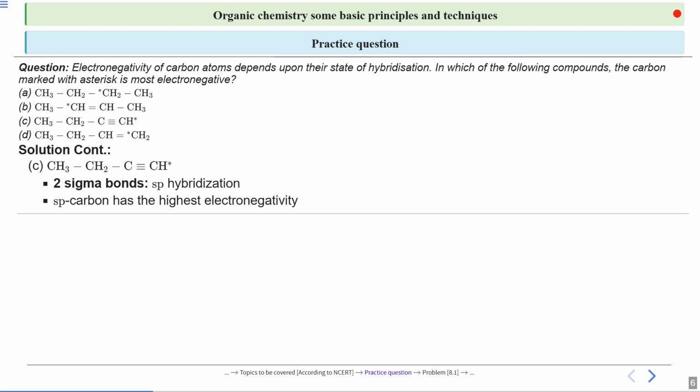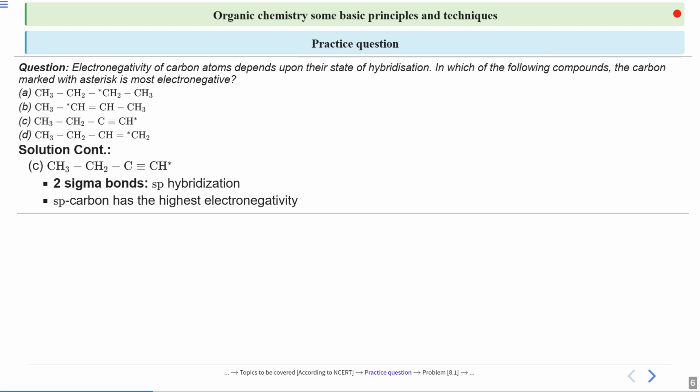If I ask you what will be the hybridization for the carbon marked in option A, option B, and option C, then in option A, 4 sigma bonds are present with the third carbon which is marked. From the left side, if you count, it is the third carbon. And this carbon has 4 sigma bonds, 2 with the hydrogen and 2 with the carbon present on either side.